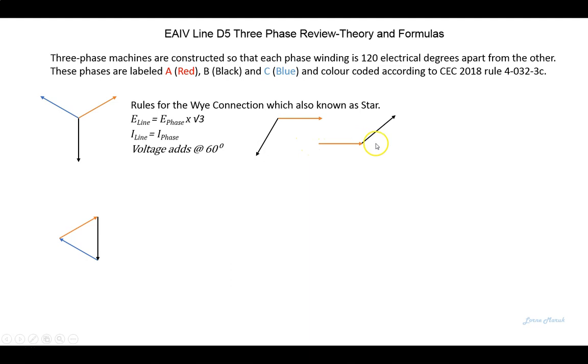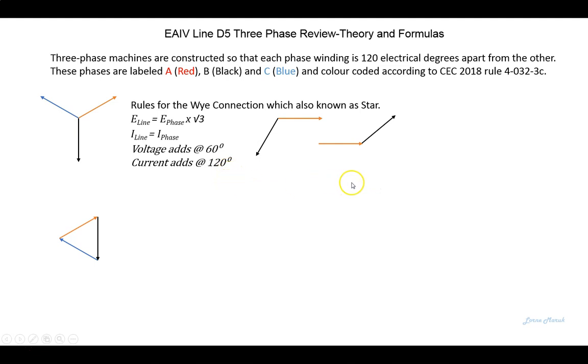We have 60 degrees from the horizontal. So if we take our phase voltage and times it by the square root of 3, we'll have our line-to-line voltage, which is the same as saying 120 volts at 0 degrees plus 120 volts at 60 will also give us the line-to-line voltage, in this case of 208.